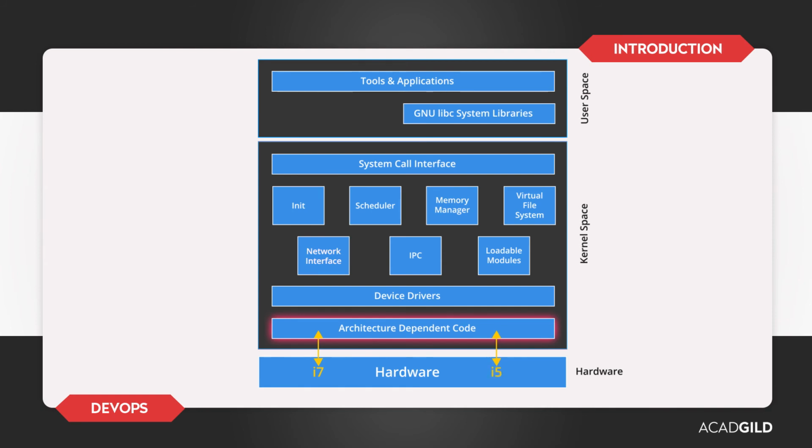Thus, relevant piece of code is available in your kernel. Then comes the device drivers. Device drivers are responsible for interacting with your actual hardware that is connected to your system. So there may be a device driver for your hard disk or your SSDs or your keyboard. So they are all device drivers which enable the operating system to talk to the hardware.